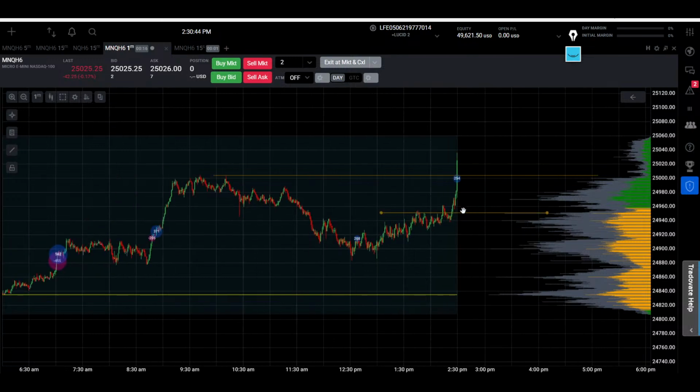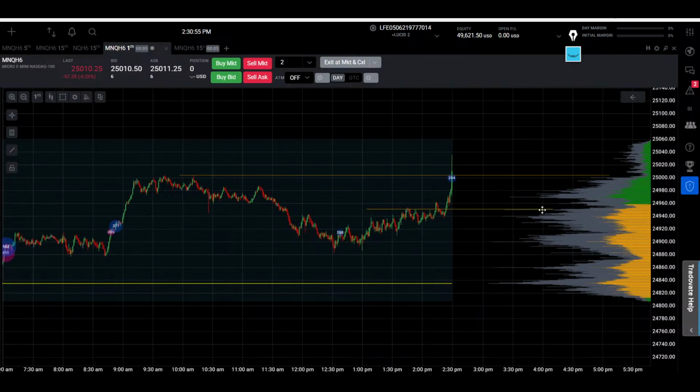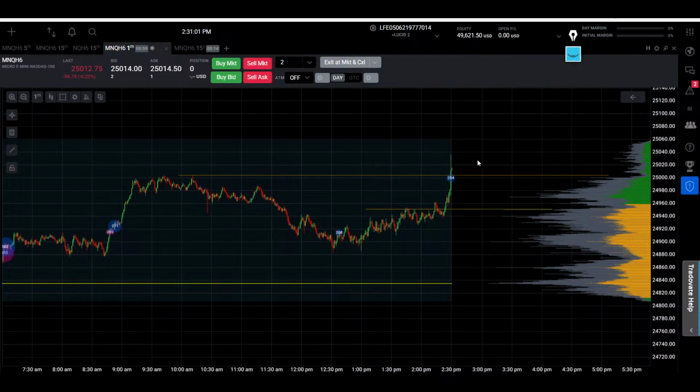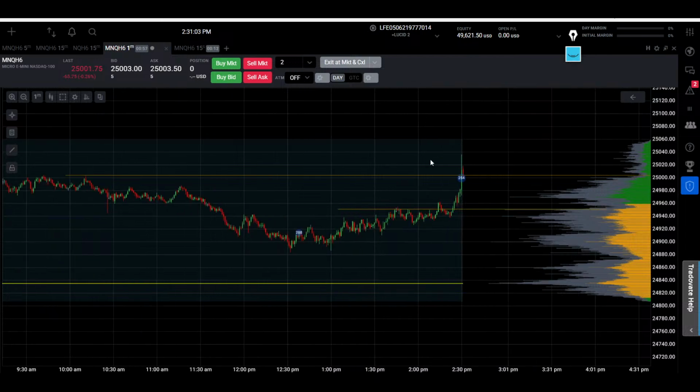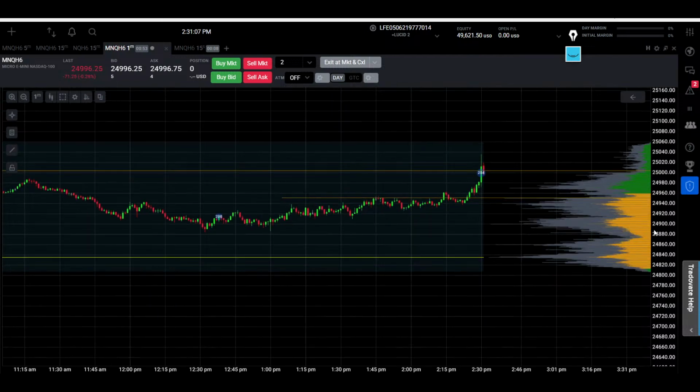Very rarely does it go without coming back when the market opens. If in the first minute it leaves a wick like this, you will know it's weak, yeah.